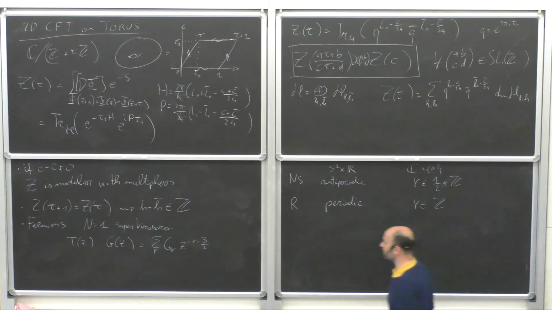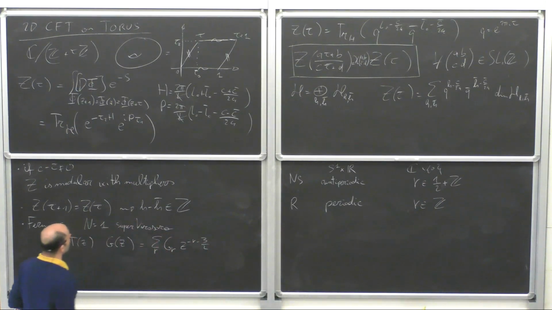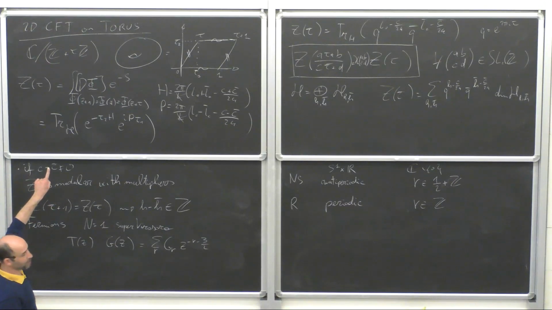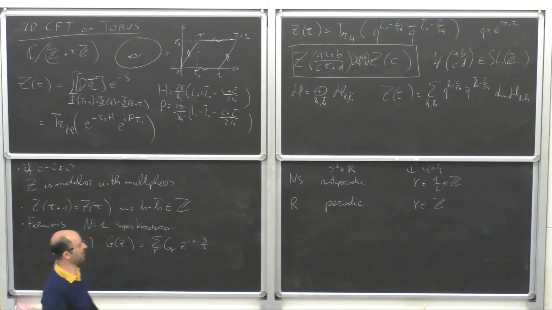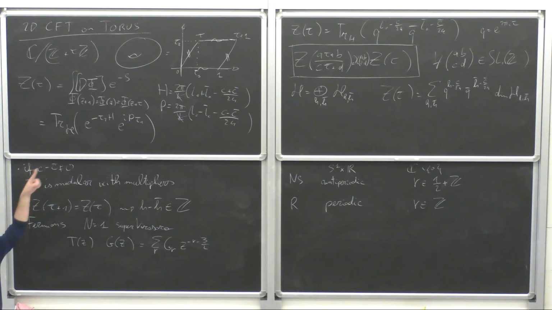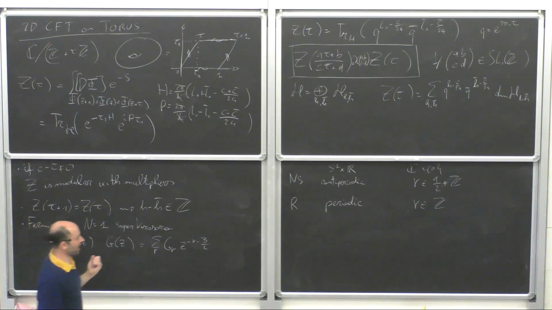So now, what happens on the torus partition function when you have fermions? Well, when you have fermions, you have to tell me what kind of periodicity conditions you put for fermions around the cycles on the torus.